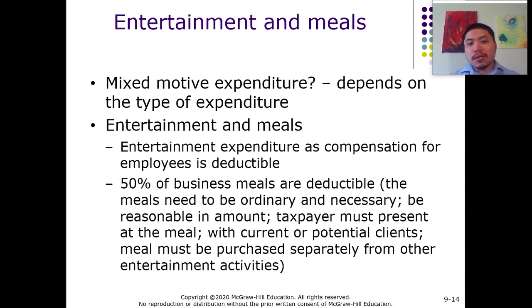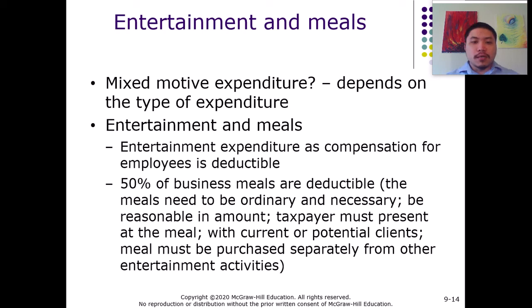The taxpayer in that case has to separate the bill for the meal and the bill for the entertainment, the ticket to the baseball game. The ticket to the ball game is not deductible, but for the meal with the clients before the ball game, the taxpayer can deduct 50% of that meal, right?